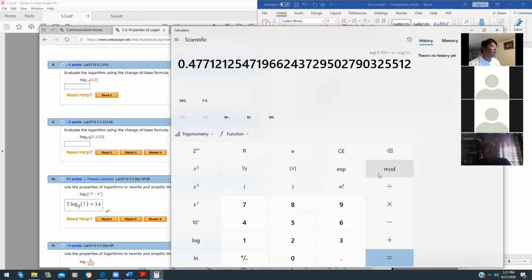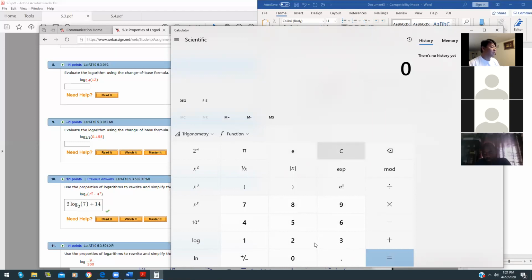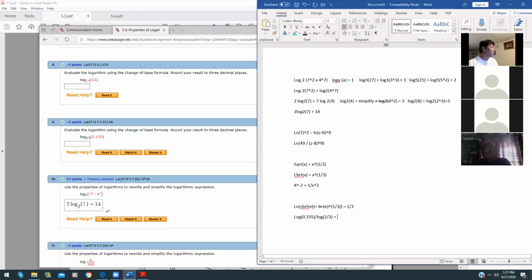Oh, no, this is not right. This is hard with my computer calculator, so take out your calculator because it's quicker that way. Computer calculator is horrible.